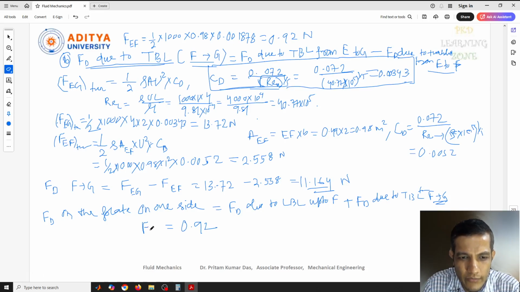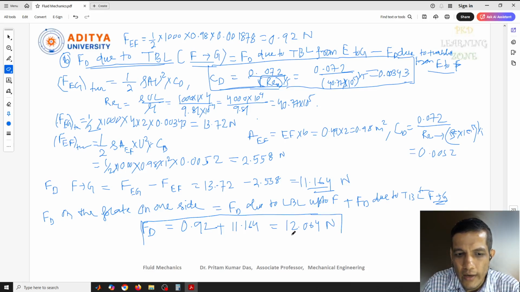This is total drag force. The total drag is nothing but 0.92 plus this 11.164. Okay, if you add these things, we'll get 12 point something, 12.056 or so. Okay, this much Newton is there. So this is the total drag force on one side of the plate.